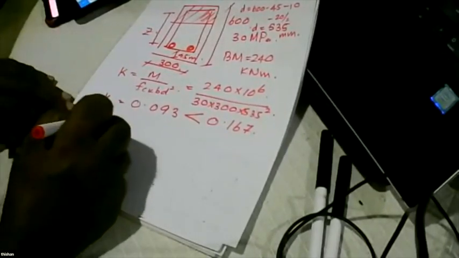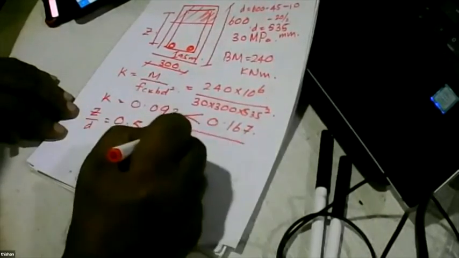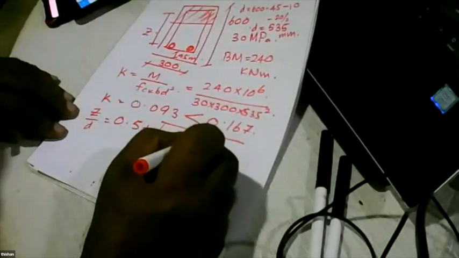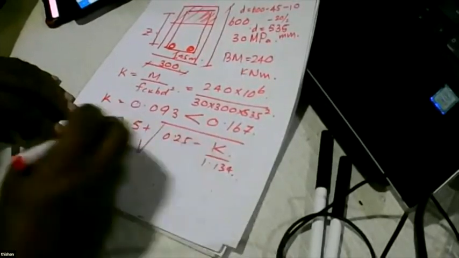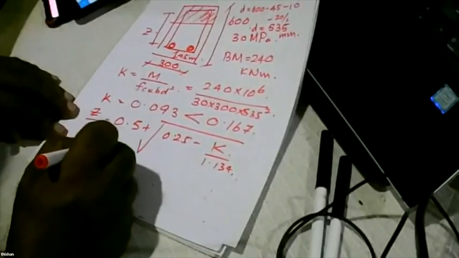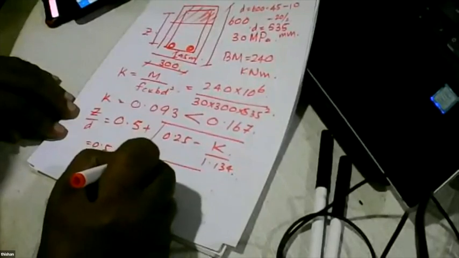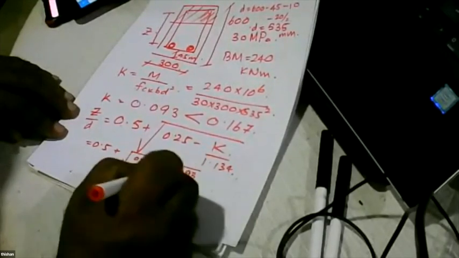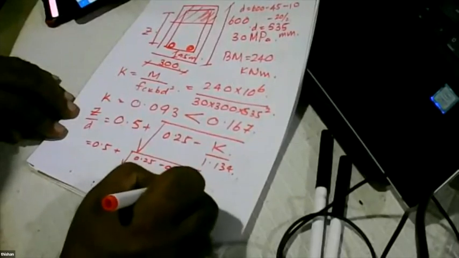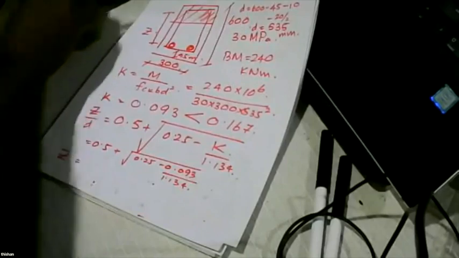Z over D is equal to 0.5 plus square root of 0.25 minus K over 1.134. So it is equal to 0.5 plus square root of 0.25 minus 0.093 divided by 1.134.